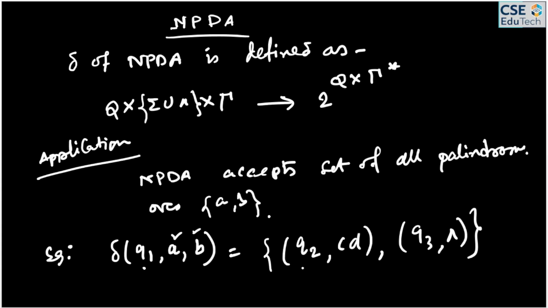That means from state q1 reading a symbol a, if the topmost symbol is b, you have a choice. You can move to q2 or you can move to q3. If q2, then this b will be replaced by CD, or if you move to q3, then it will be replaced by null. That means we just remove this b from the stack top. That's why it is called non-deterministic pushdown automata. We have a pair here.